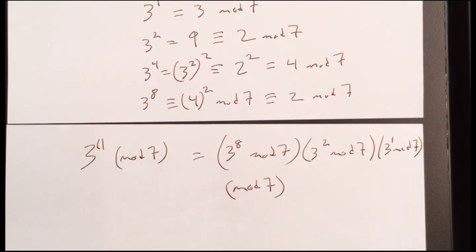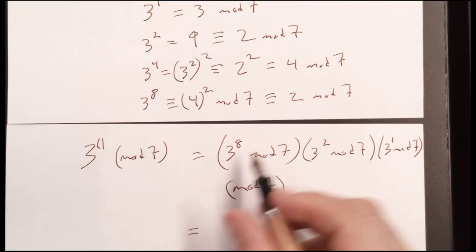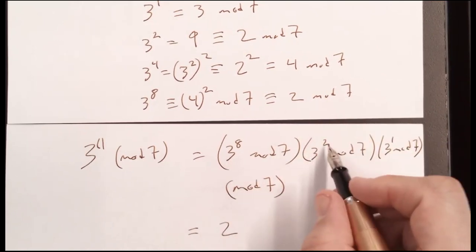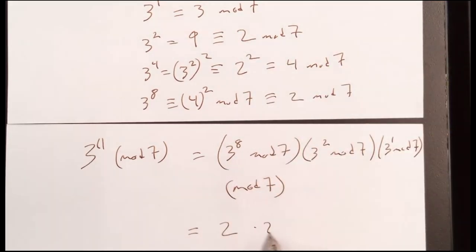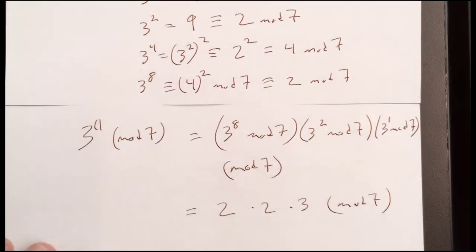Instead of just doing the mod once, you do it 4 times. But I know these numbers. We just worked them out. 3 to the 8th was 2. 3 squared was also 2. 3 to the 1st was just 3. Two times 3, mod 7.